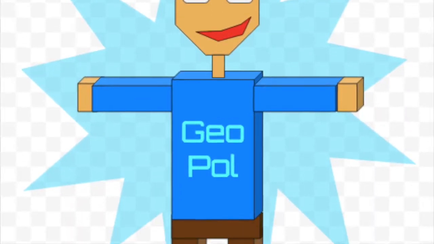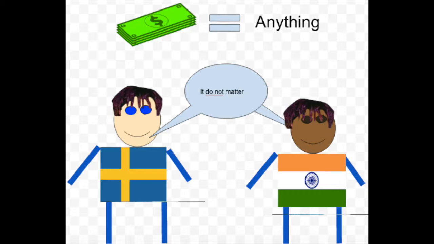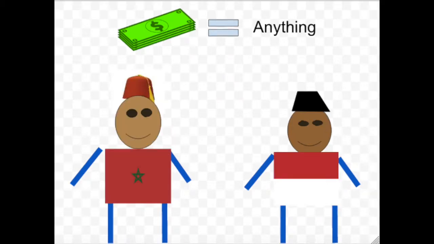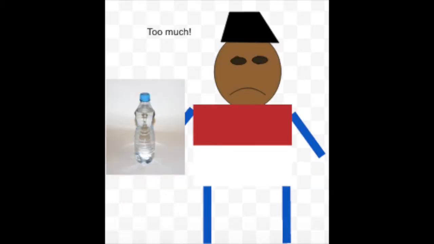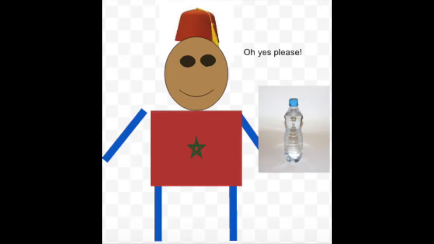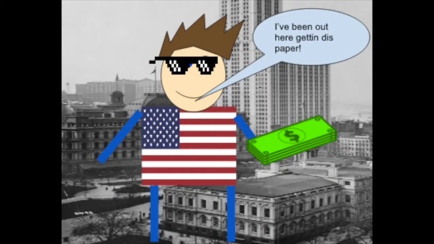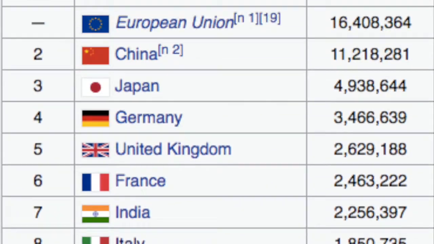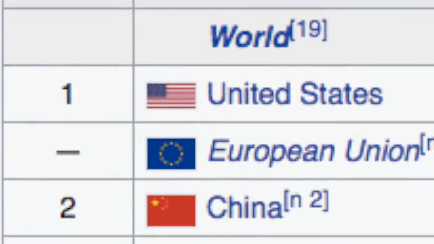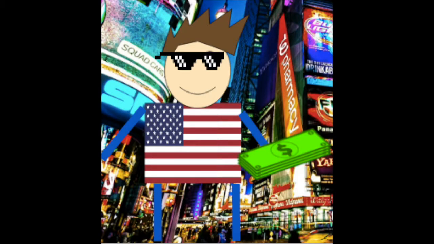So right now we live in a world that decided, hey, look, everything has value based on if we think it has value. A good example of this is a person who lives in a rainforest and a person who lives in a desert. The value of water goes way up from the rainforest guy to the desert guy because one needs it more. The US dollar is valued so widely because of the US economy. If the US economy is doing good, the value goes up.